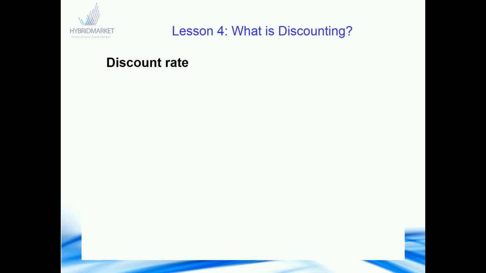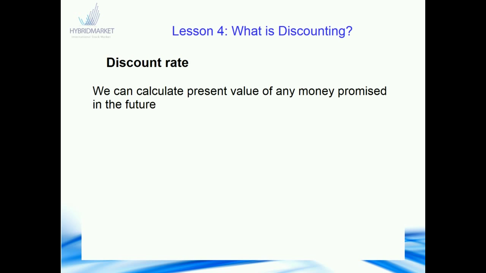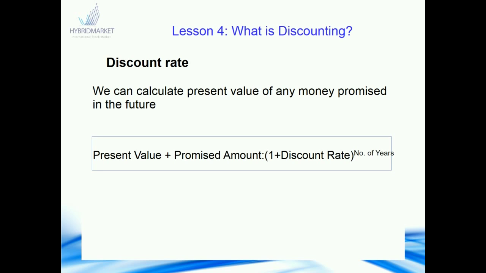Once we have the discount rate, we can simply divide any amount of money in the future by 1 plus this discount rate, raised to the power of the number of years until we receive the money, to get the present value of the payment.